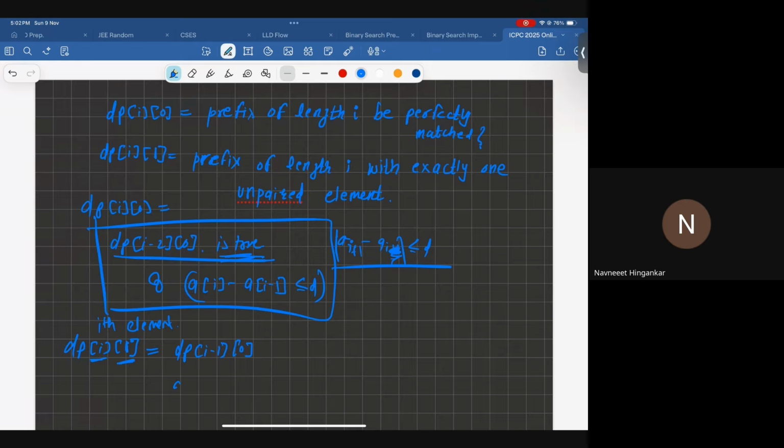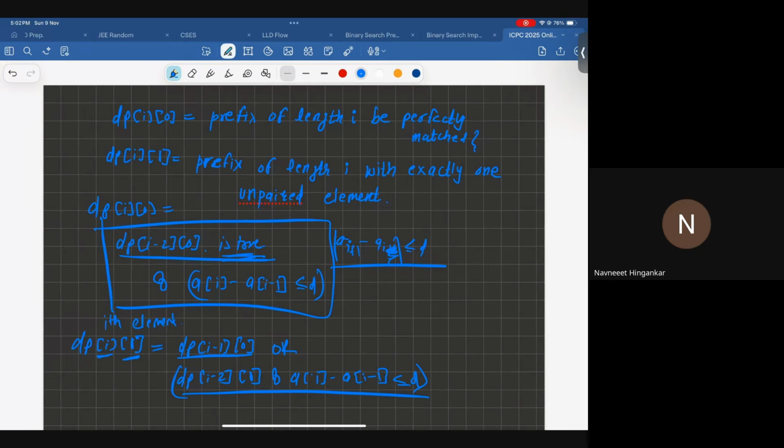Or DP[i-2][1] and this is the paired cost, A[i] minus A[i-1] is less than or equal to D. Either this thing or this thing. If one of the conditions is true, you can say that DP[i][1] is true.